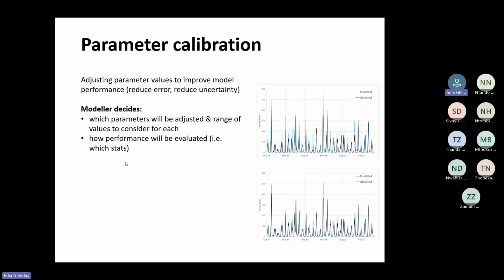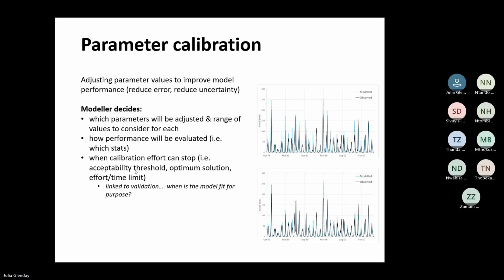And then we have to decide what performance statistics we are calculating, and when the calibration effort can stop. Have we reached the level of validation we are looking for? There are automated ways of looking for an optimum solution, but those work well for simple models.